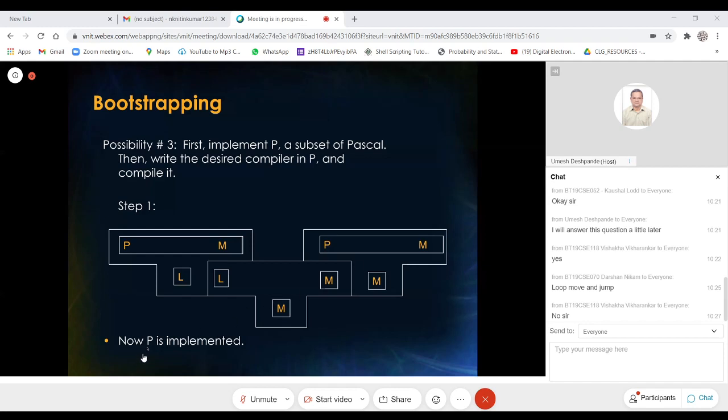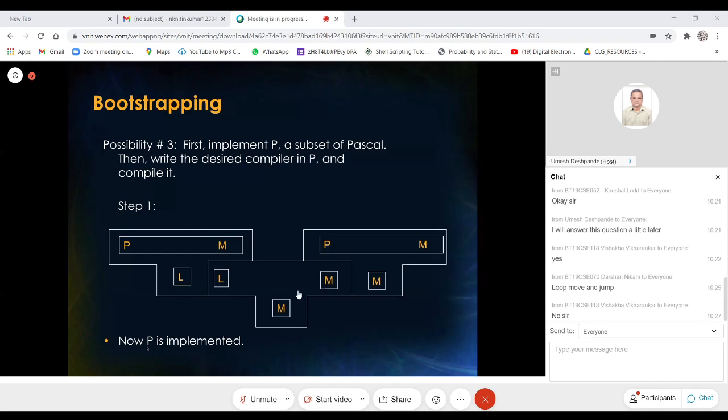So we take another subset P dash. We write a translator of P dash to M written in P, and we pass that particular translator through this pipeline. Since this P dash to M translator is in P, we pass it through this pipeline because we have the executable version of the translator for P already available.